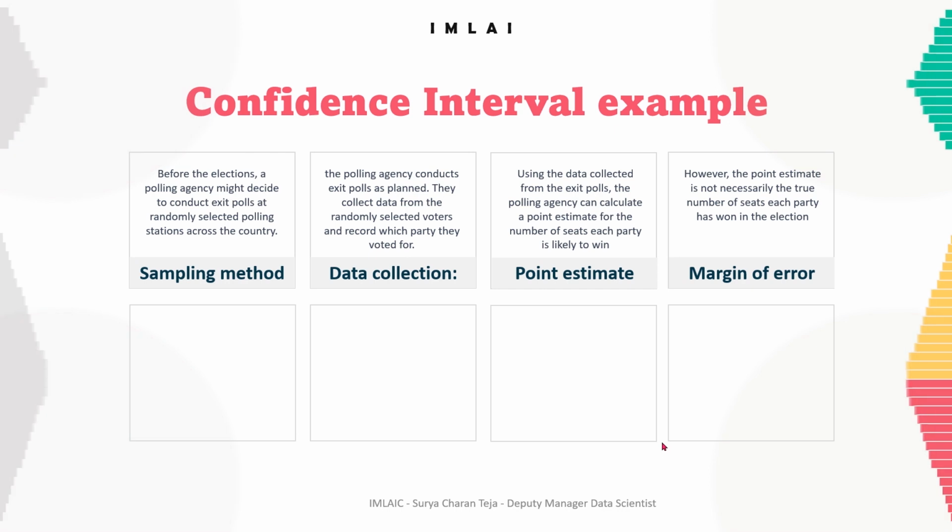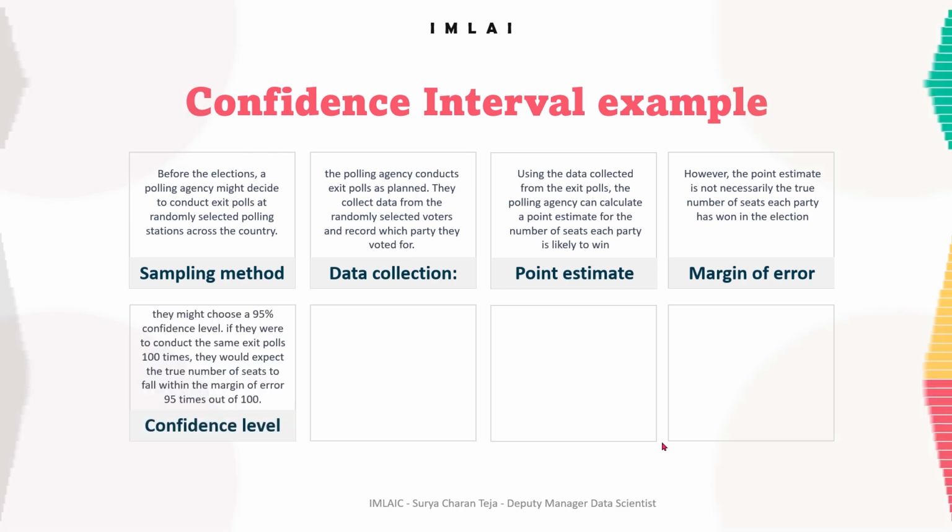Then we will get into step 5, that is the confidence level. This is what we want. For this, we are going through a lot of steps. I just want to make sure it's damn clear for you. So the confidence level expresses the level of uncertainty in the estimate; the polling agency can use a confidence level. For example, in this case, we will choose a 95 percent confidence level.